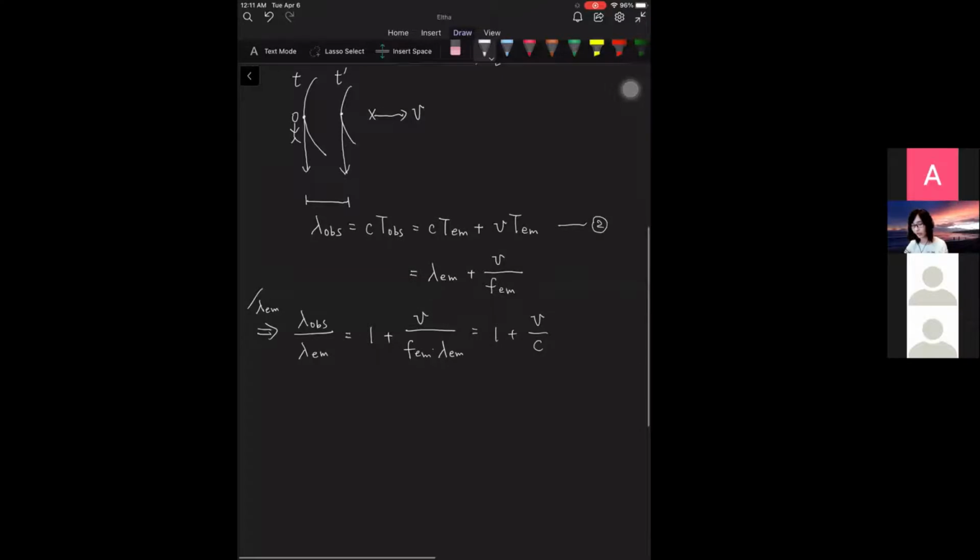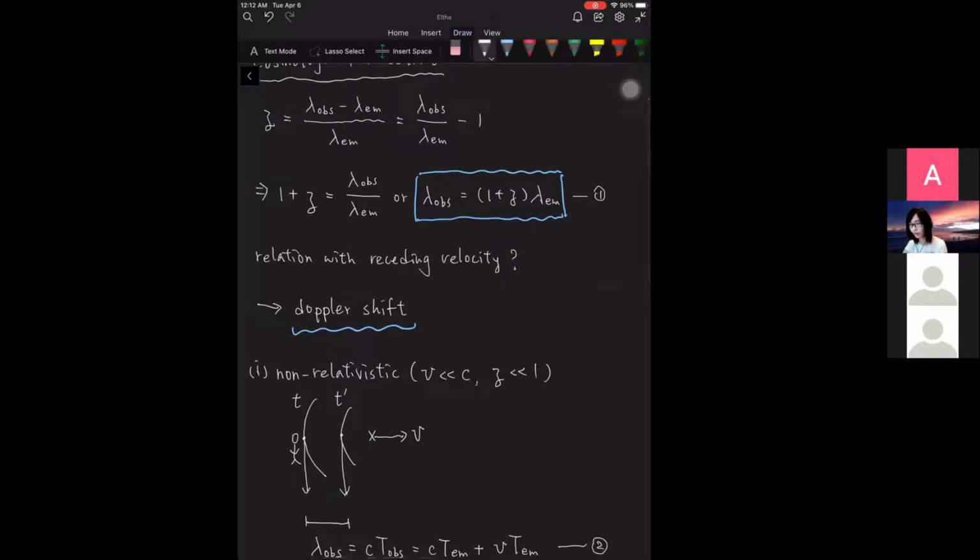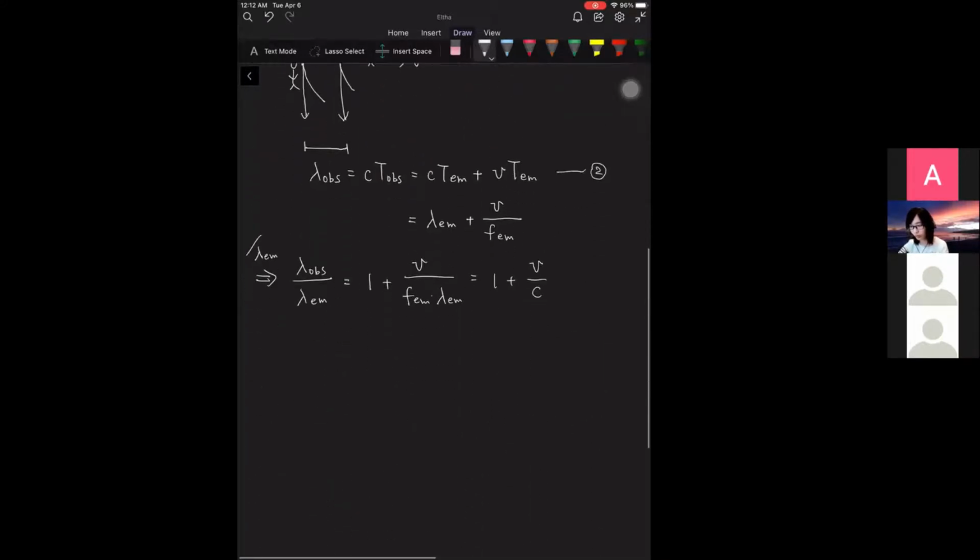Now we already have an equation relating the wavelength with the velocity, right? And we want to relate the velocity with the cosmological redshift. So we can now compare with the definition of redshift, which is equation 1.